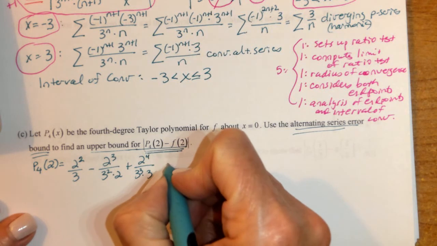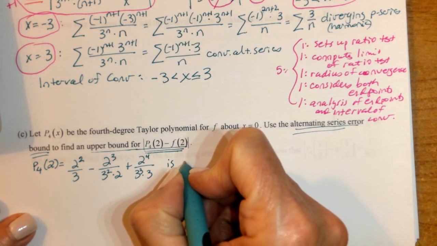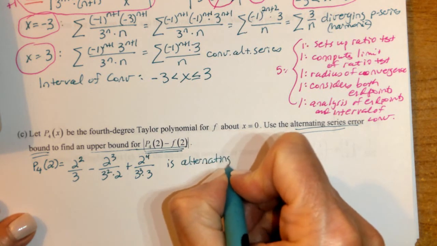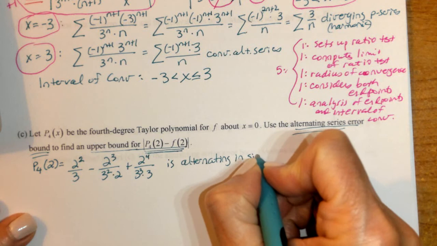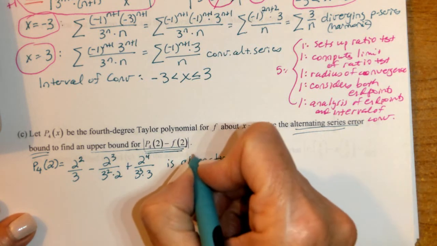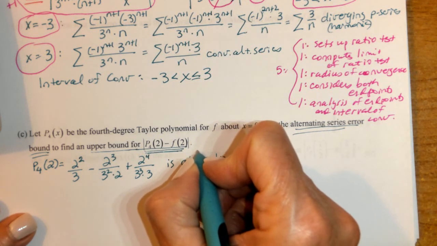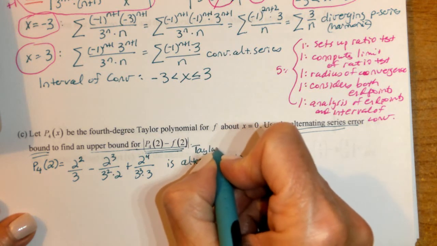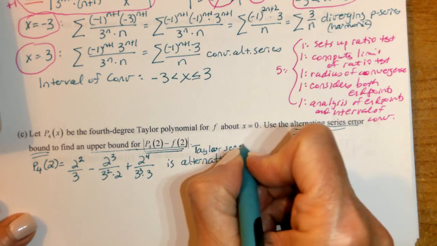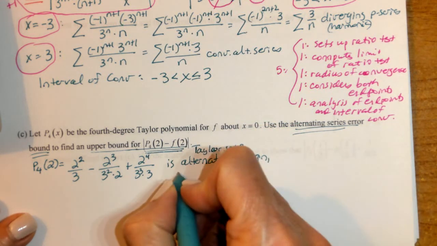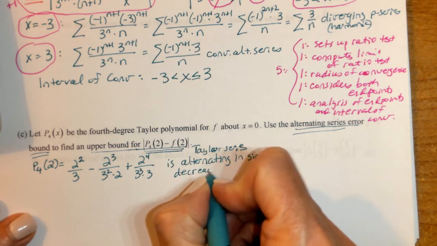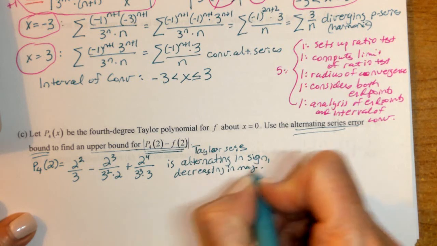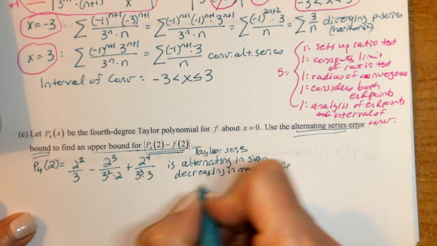So this is alternating in sign. So I actually will say that the Taylor series is alternating in sign and decreasing in magnitude to 0.